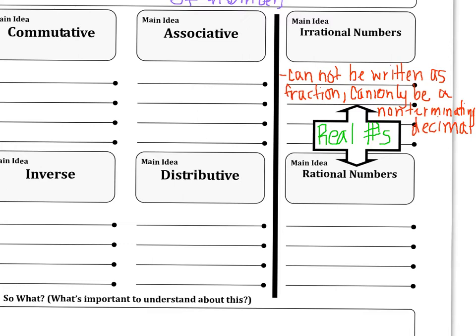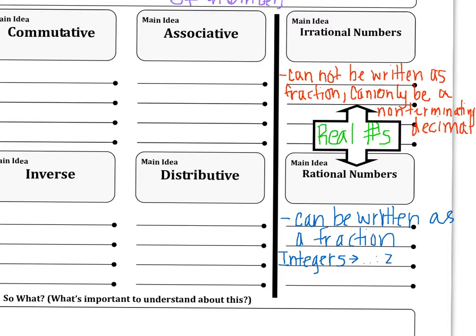Down below that, rational numbers, these ones can be written as a fraction. So like 1/2, 5, -5, 12, -3, those are all rational numbers because we could write those all as a fraction. We've got a couple categories under rational. We have integers, and these are numbers like -2, -1, 0, 1, and 2, and then they keep going in both directions.